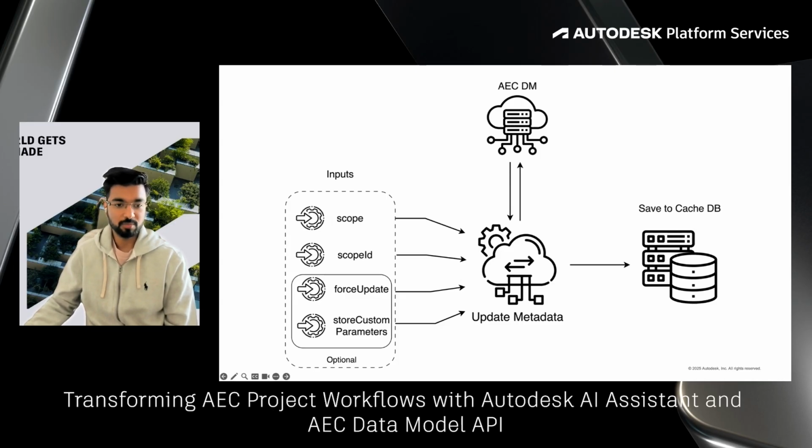That is, force update, which allows forcefully pulling the metadata from the AEC data model and skipping the cooldown period for retrieval. And store custom parameters, which allows caching the custom parameters as well. By default, it is set to false, meaning that it only caches the Revit built-in metadata attributes.